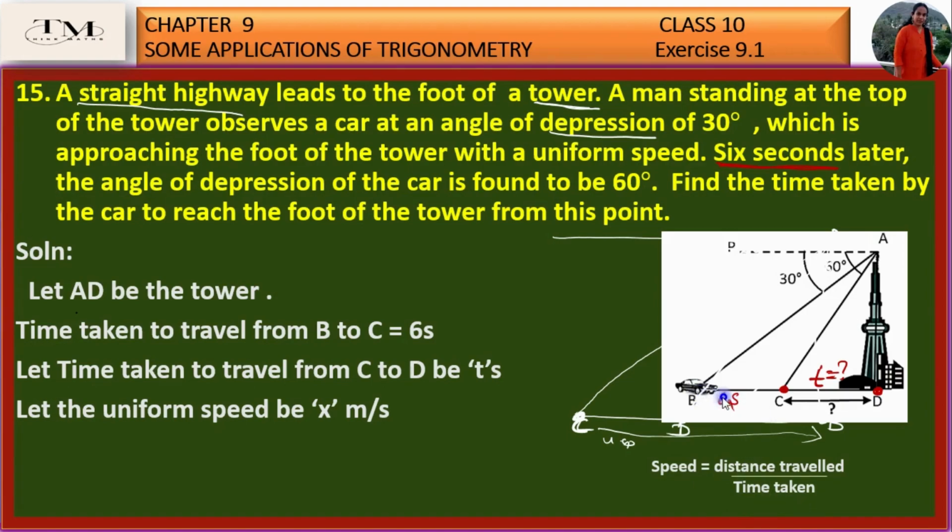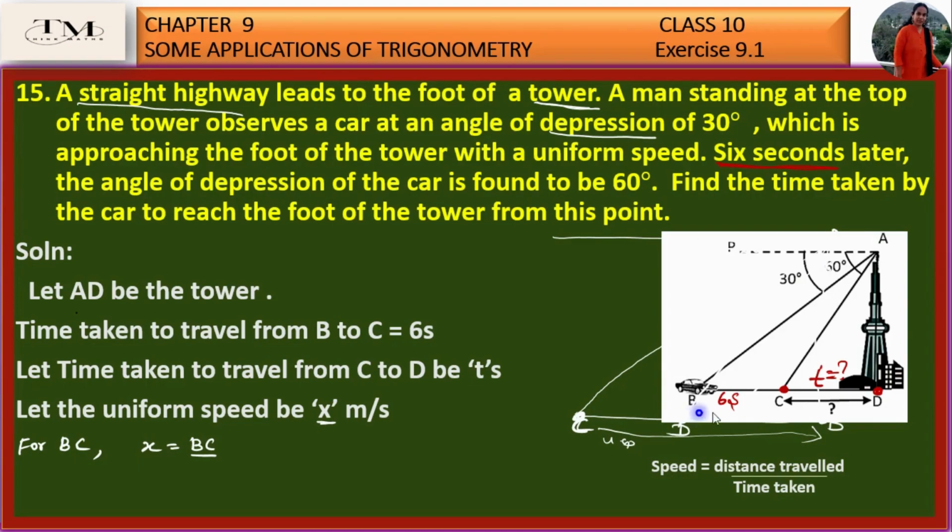Now we have to find the distances BC and CD. Speed is equal to distance traveled divided by time taken. Let us take the distance BC first. Speed is uniform, so the speed is x. x is equal to the distance traveled, BC, divided by the time taken.